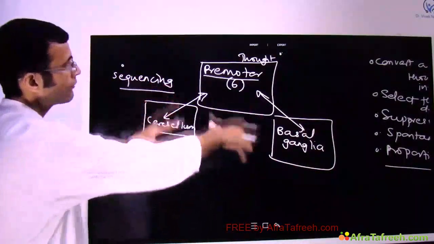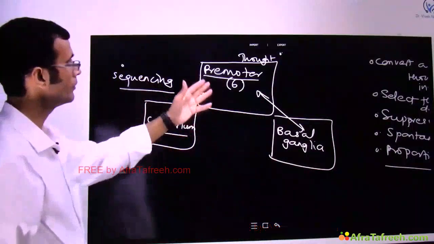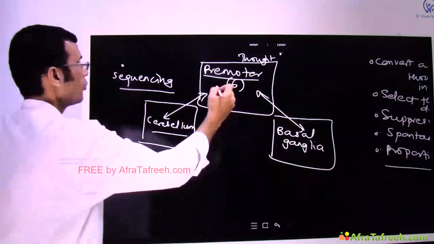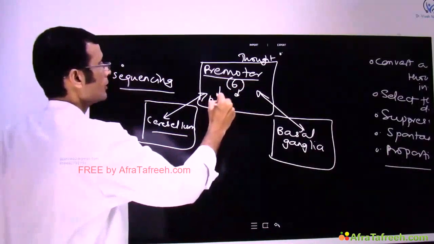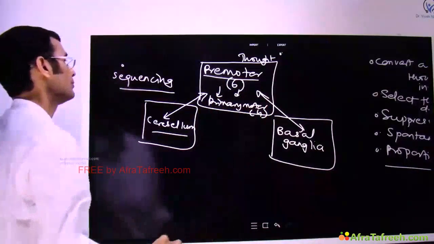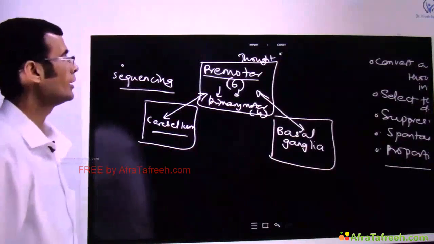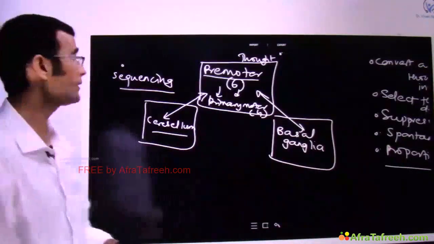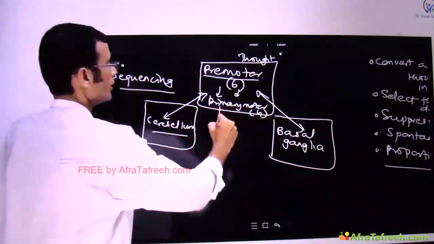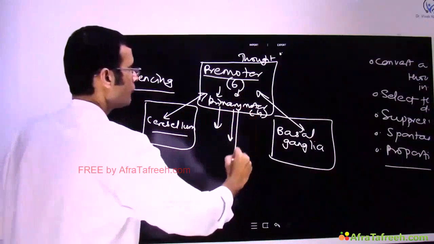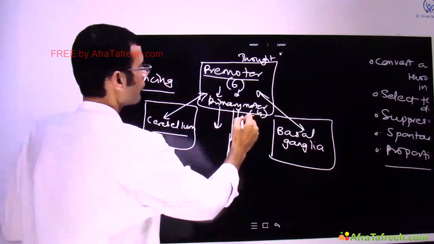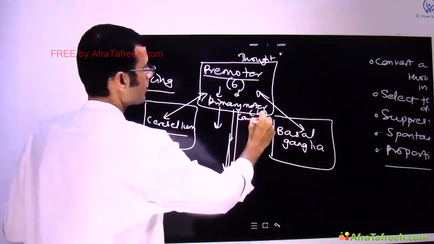So these are to-and-fro connections, cerebellum with the motor cortex, basal ganglia with the motor cortex. And then the fourth impulse will come from the primary motor cortex, area 4. According to the sequence provided by the cerebellum, a command will be formed for the concerned muscles in the primary motor cortex.